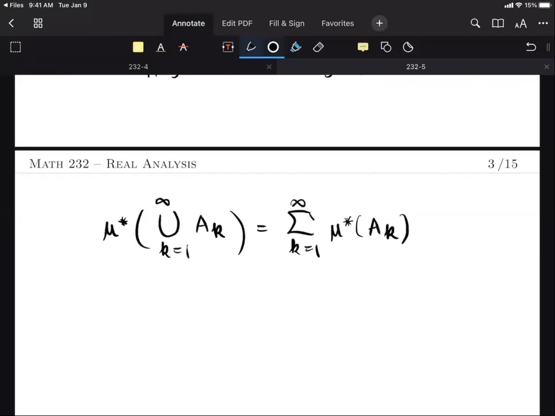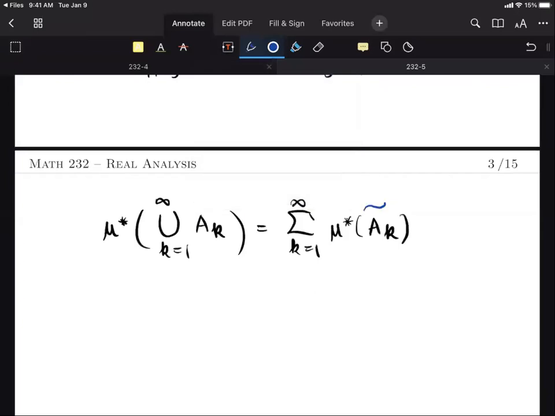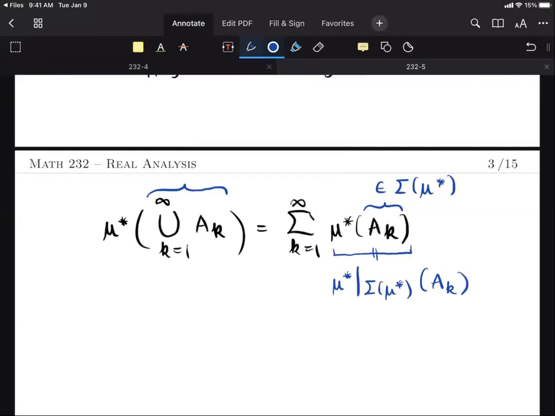Now, by assumption, A sub k is measurable. So this equation here is the same as mu star restricted to sigma of mu star A sub k, by the definition of the restriction of a function, as long as the argument is in the domain.